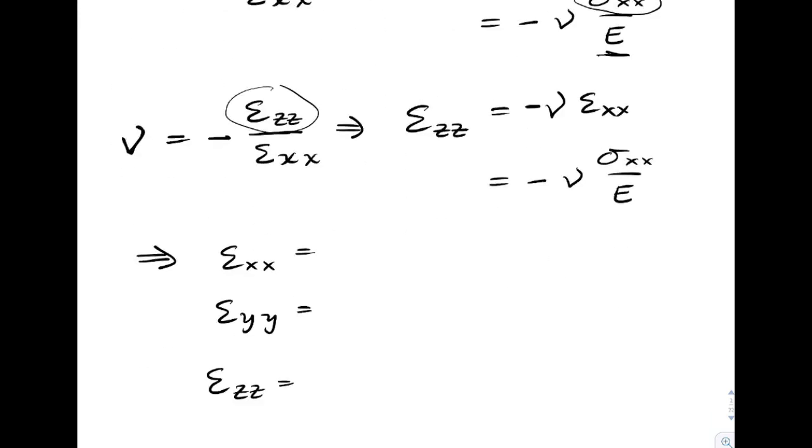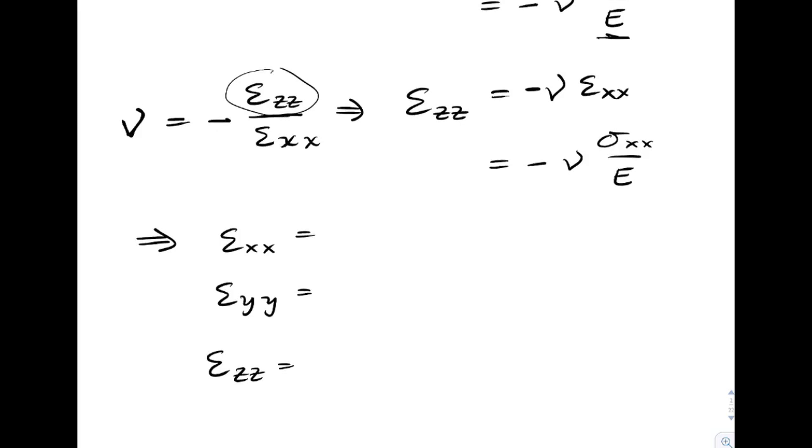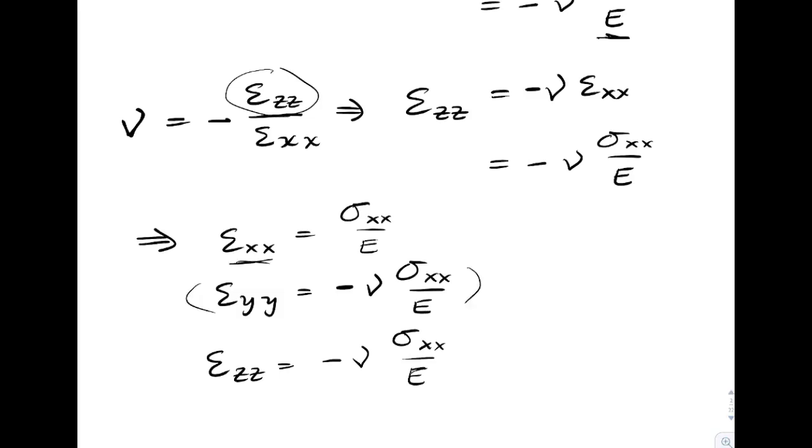So just our summary, with only a stress state with stress in the X direction, letting sigma YY, sigma ZZ equal 0, we end up with direct strain, epsilon XX, and also lateral strains.